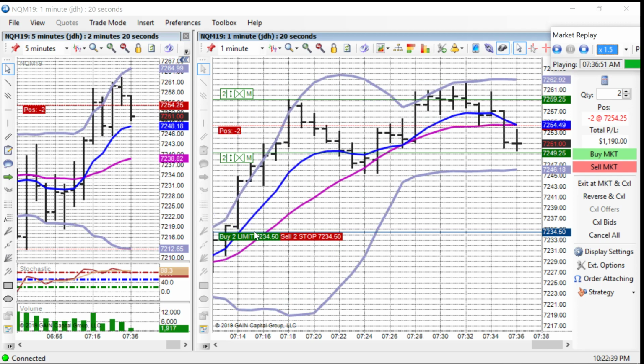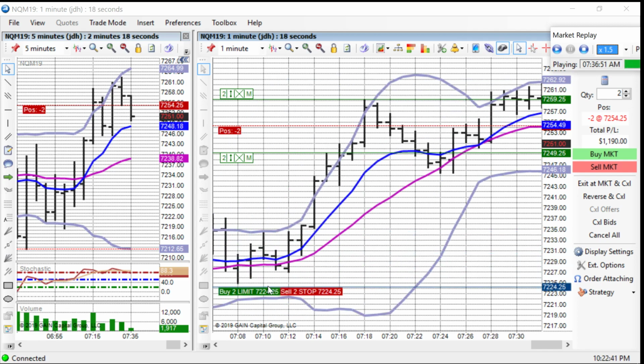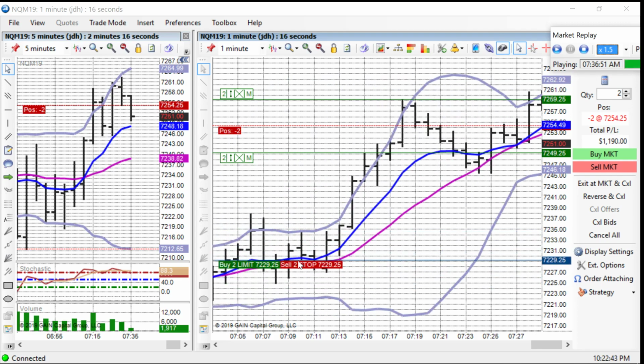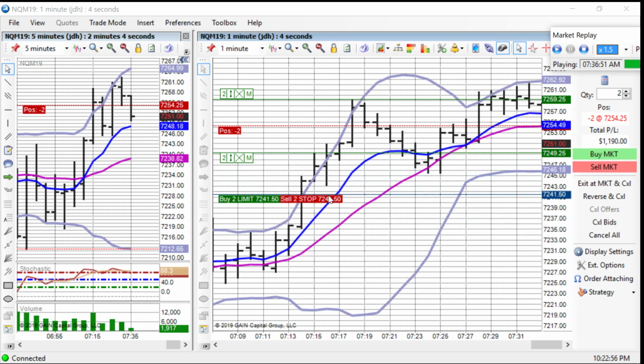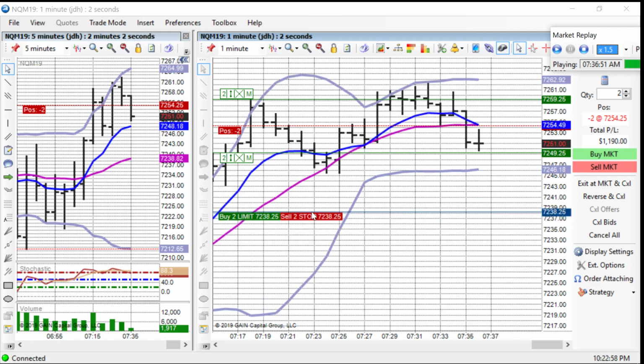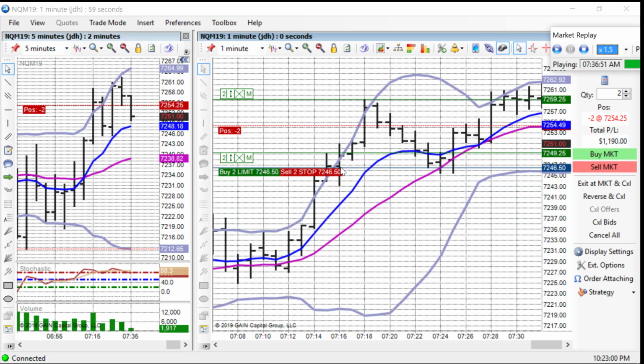Let me look through previous periods here. Well, right here was a good indication of where we got in that trade at the Bollinger Band. It had momentum down and then momentum right back through the previous close, and so that got me into that trade, even though that was a violation of the rules.